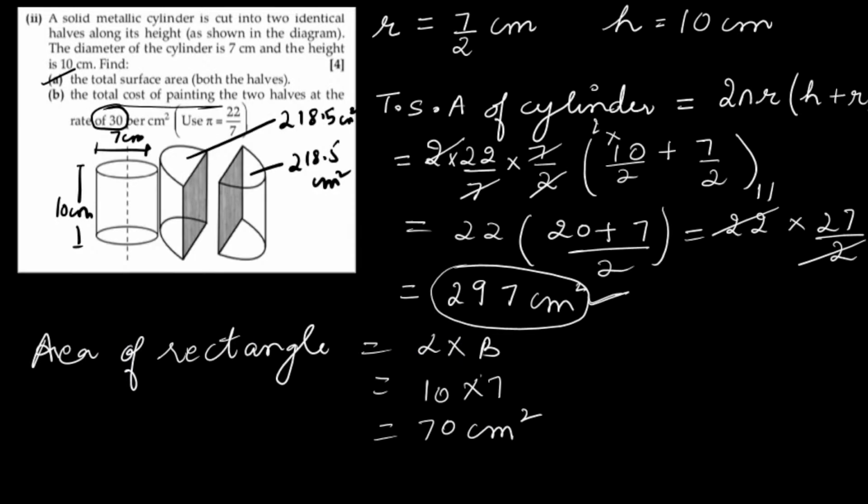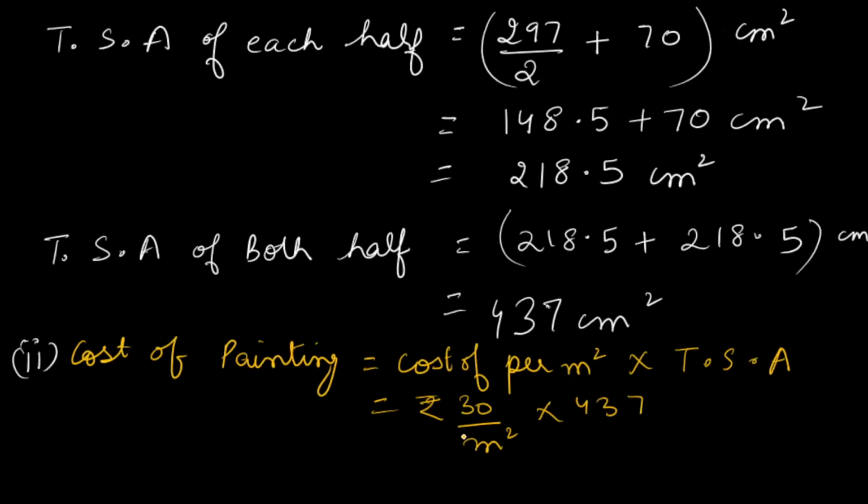It's not meter square, it's centimeter square. And 437 centimeter square. So centimeter square and centimeter square will get cancelled. Each and every unit you have to write properly. So per centimeter square means centimeter square will come in the denominator, and here centimeter square will get cancelled, due to which our answer will be in rupees. 437 multiplied, I got the answer from Tarun, Likhita and Jayashri.